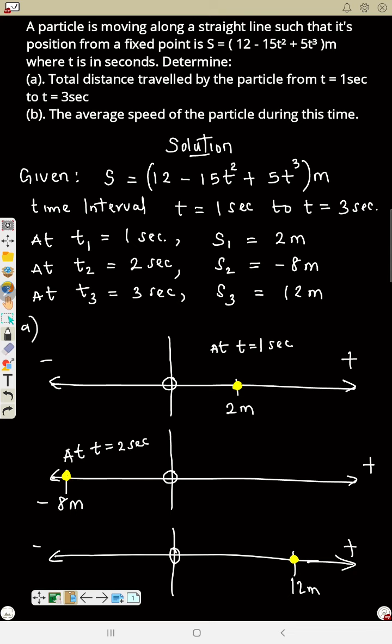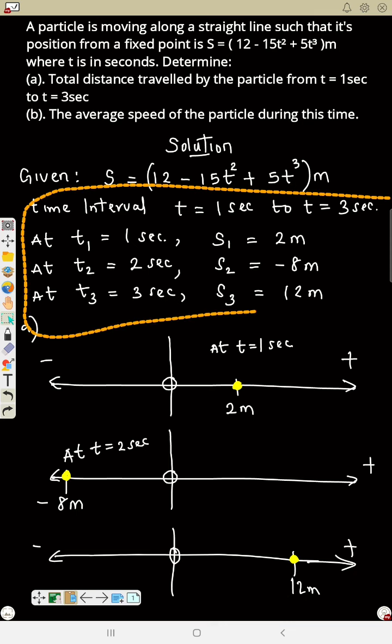I'll do both distance and displacement, but what the question asks us to find is distance, not displacement. In short, average speed again, not average velocity. So, let me clear the canvas here so that at least we have seen this one.